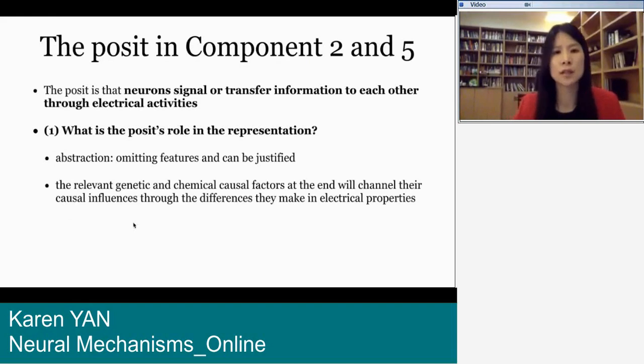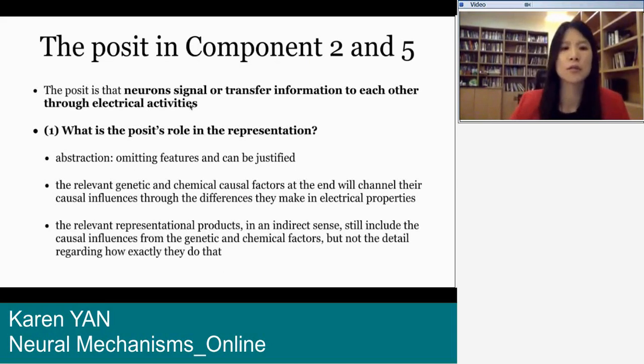In this posit, the relevant genetic and chemical causal factors, in fact, at the end, channel their causal influence through the difference they make in electrical properties. And so the relevant representational product, in an indirect sense, still includes causal inference from the genetic and chemical factors, but not the details regarding how exactly they do that, because how exactly they do that falls outside the focus of what neurophysiology aims to achieve by generating neurophysiological understanding.